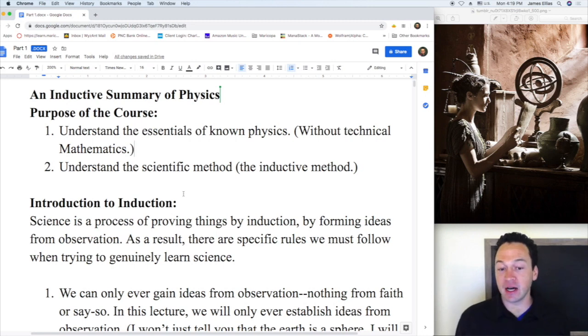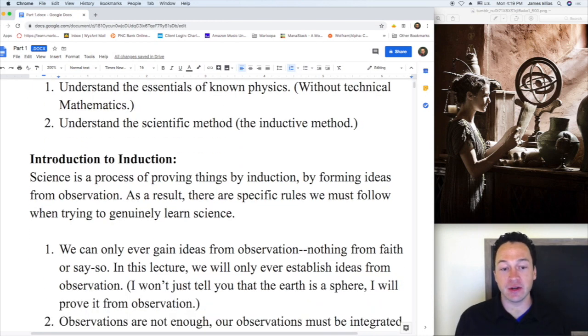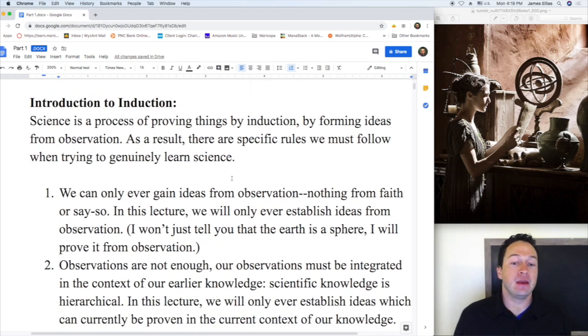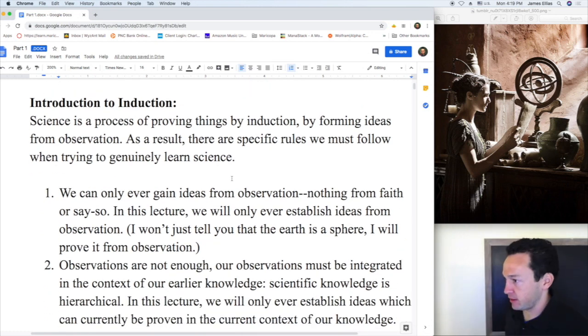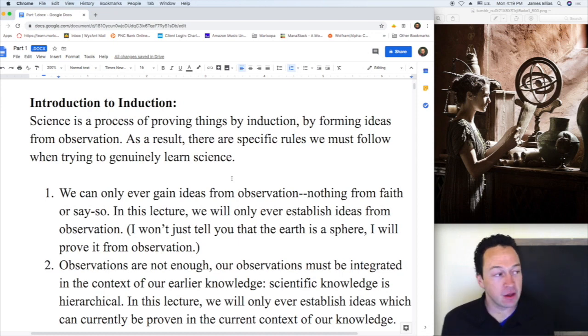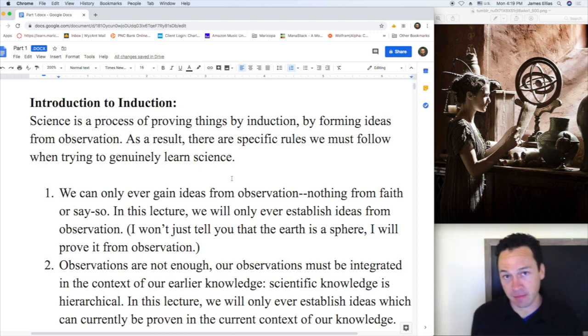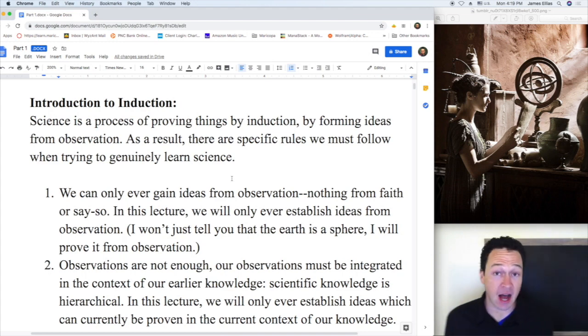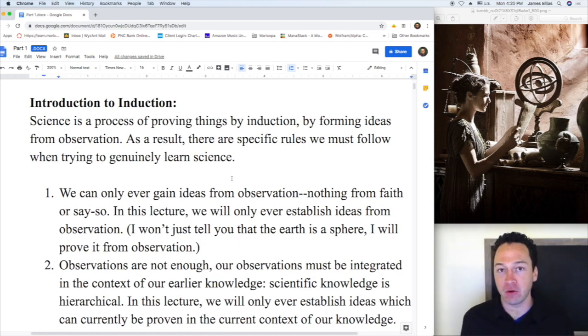But, as we will find, observation on its own is not enough. We need a particular method, and only philosophy can give us this method, a proper method of generalizing from our observations, of moving from observations to particular conclusions. We also need a particular consistent method to do good science, to know when we've actually proven something, and to know when something is only a hypothesis or perhaps just completely arbitrary and has no evidence at all for it.